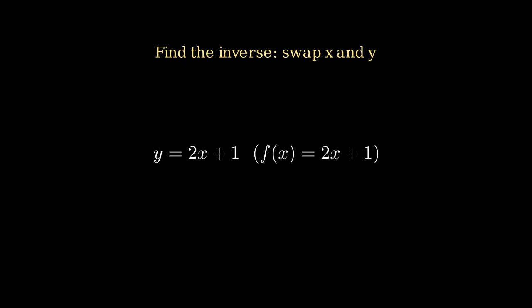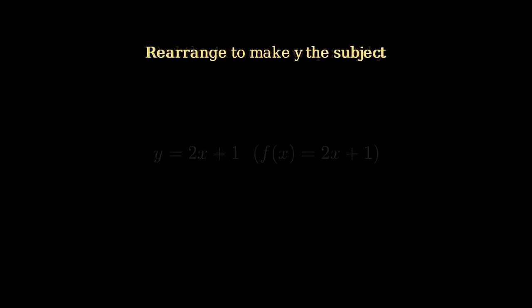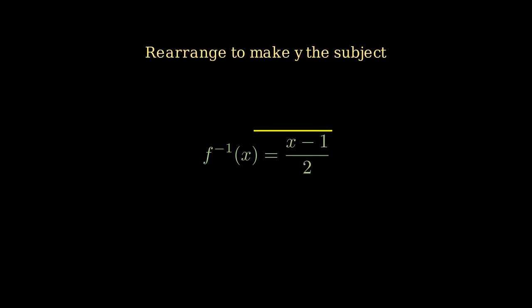For f(x) = 2x + 1, write y = 2x + 1. Swap the letters to get x = 2y + 1. Rearranging, subtract 1 from both sides to get x − 1 = 2y, then divide by 2, giving y = (x − 1)/2.